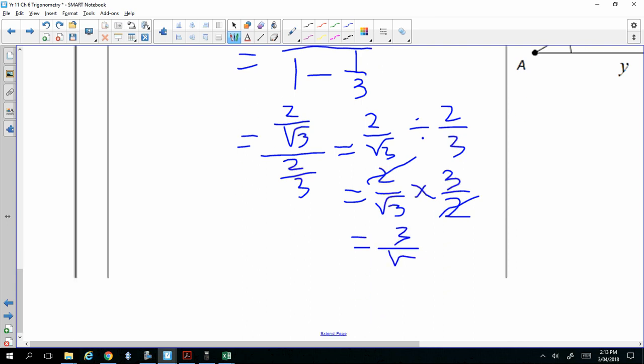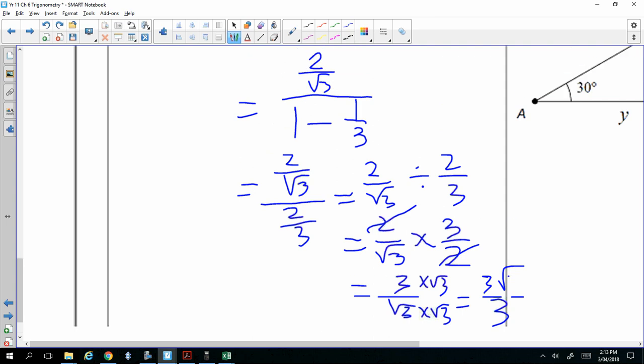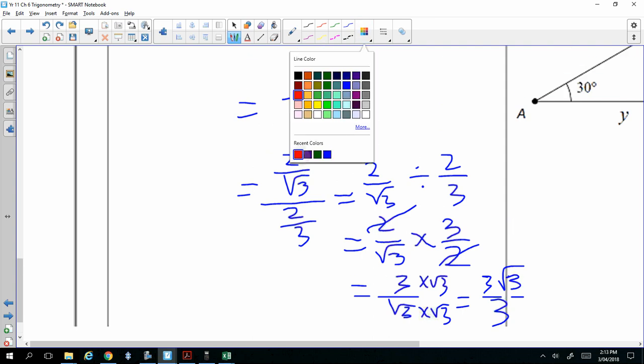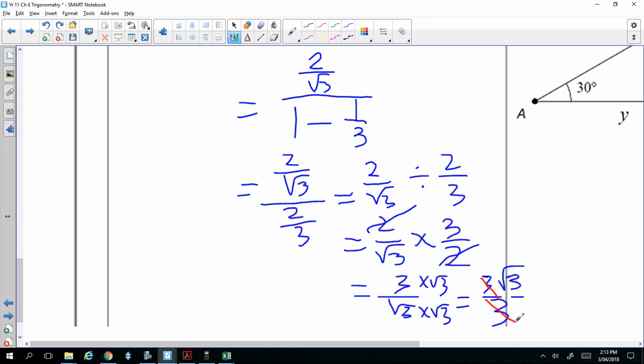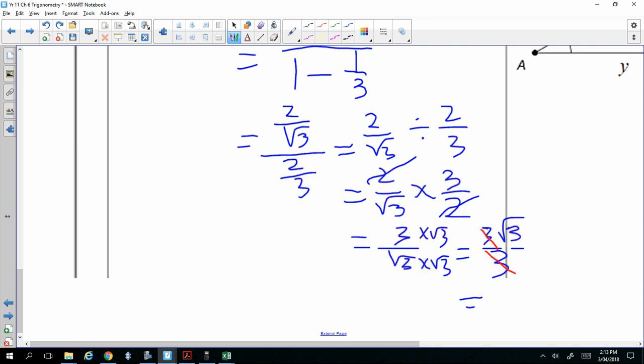If you rationalize, you get 3 root 3 over 3. And you can simplify after that. The 3 gets cancelled. So it's a long question, but it's good algebraic skills and skill with surds. Let me write it a bit bigger. All right, good. Try the next one if you're ready.